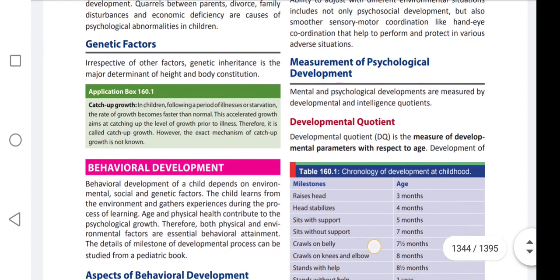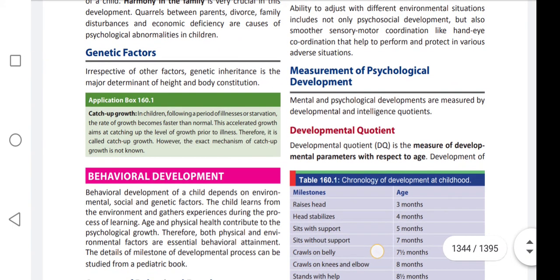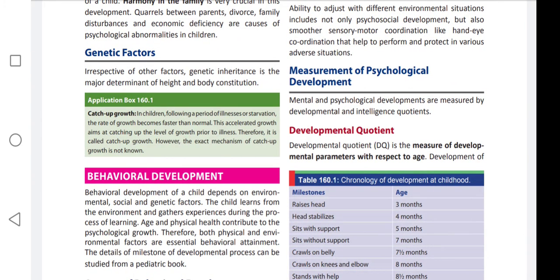And what is the definition of developmental quotient? It is the measure of developmental parameters with respect to age.